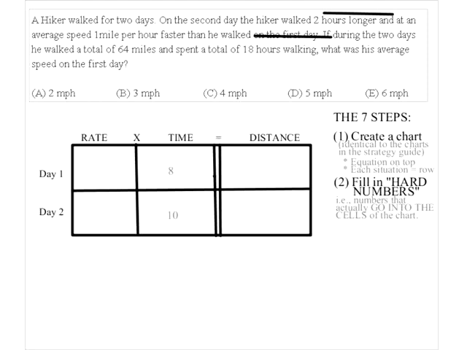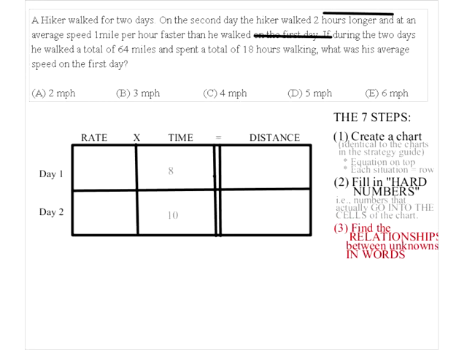Now, here's the key step. If you use this method of 7 steps, then all of the cortex activity that you need, all the thinking that you got to do, is going to happen right now in step 3. Step 3 is to find the relationships between the unknown quantities and then in words.